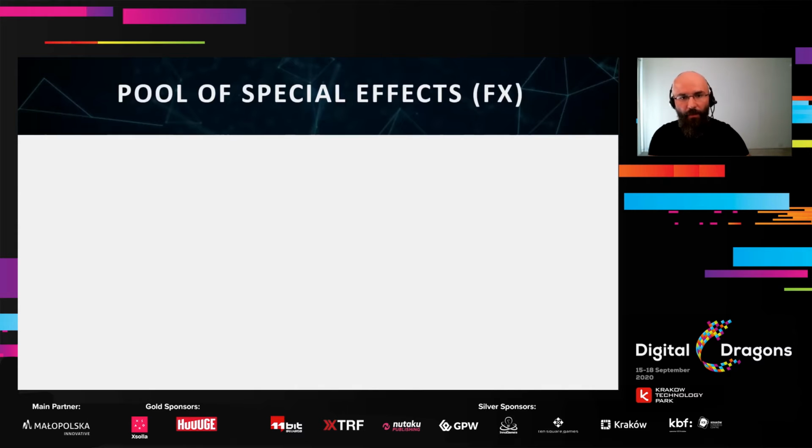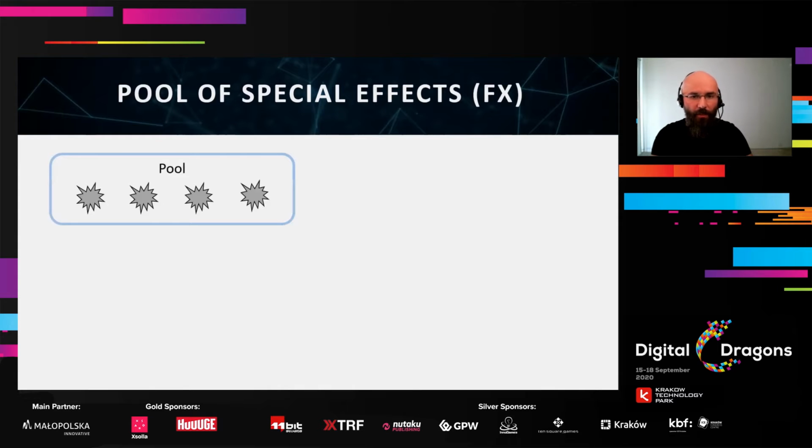Here I have an example of a pool of special effects. Let's say I have 4 explosions. I load and create these special effects somewhere during the initialization of the game or the loading of your world.